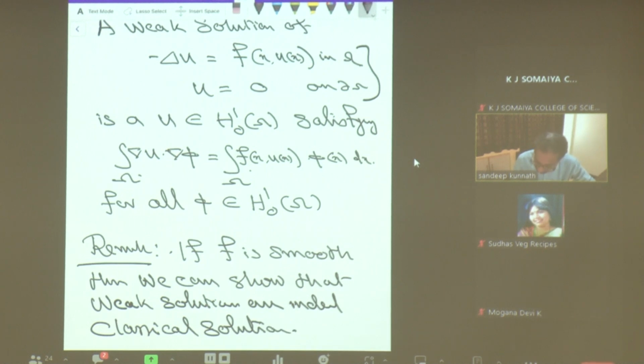This I mentioned yesterday also. This part is known as the regularity theory, and that's a separate story.